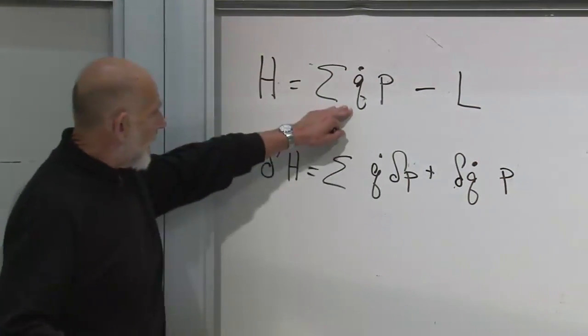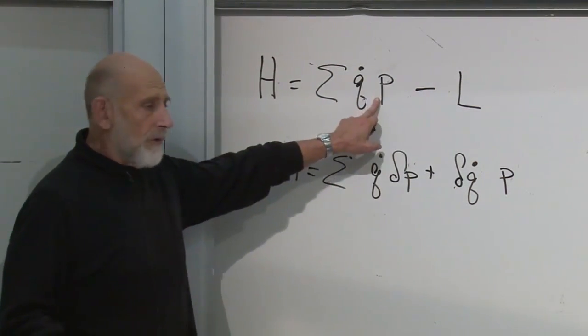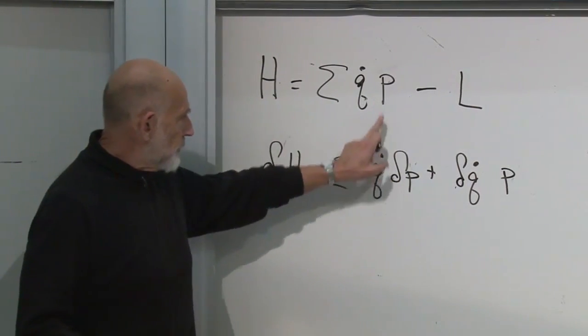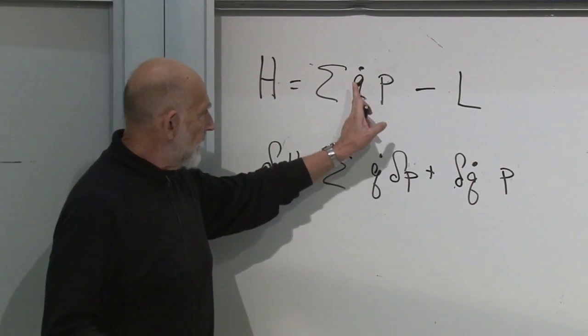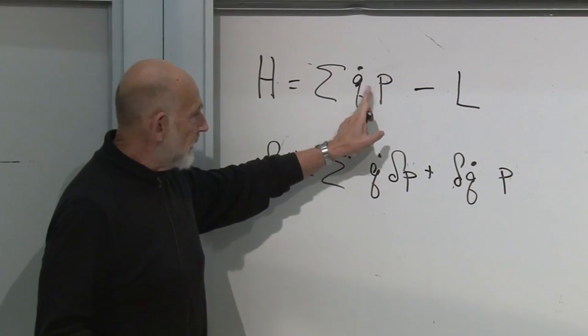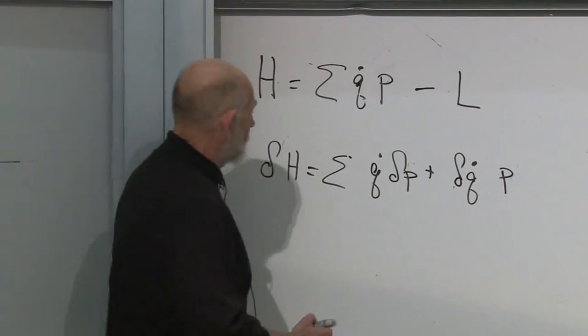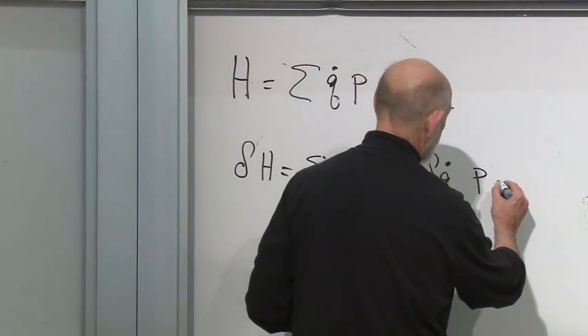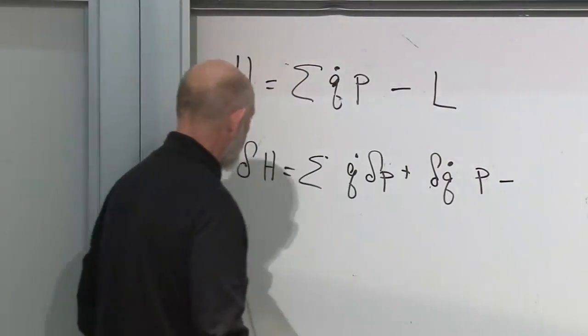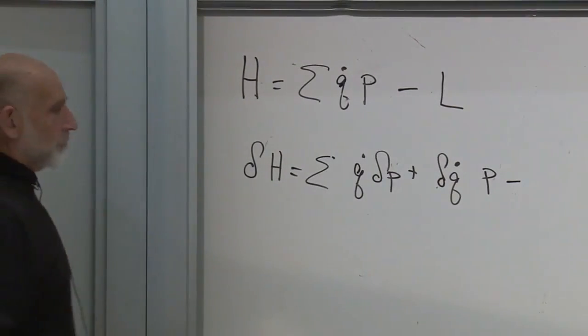The change in a product is the change in one factor times the other. Here's the change in p times q dot, and the change in the other factor times the first one. That's it. And then there's minus the change in the Lagrangian.